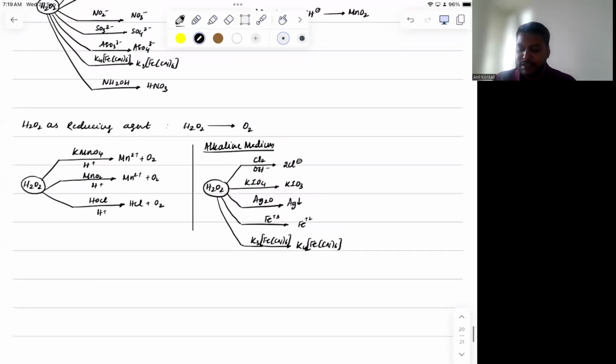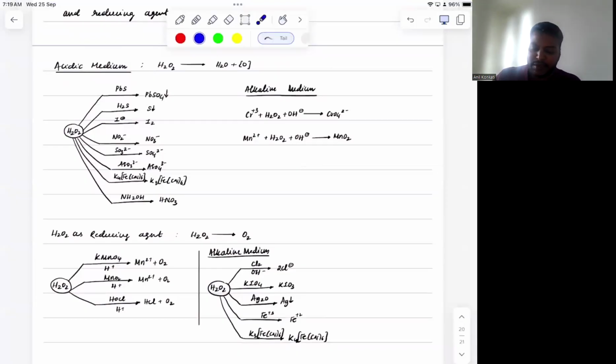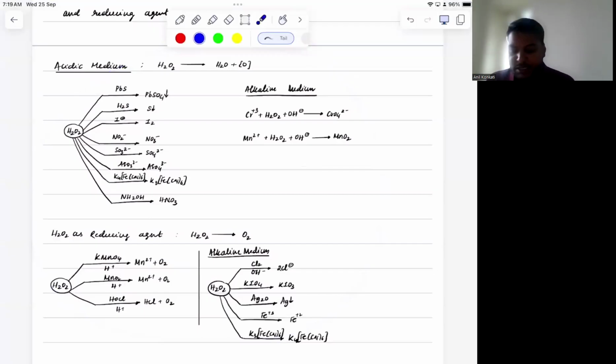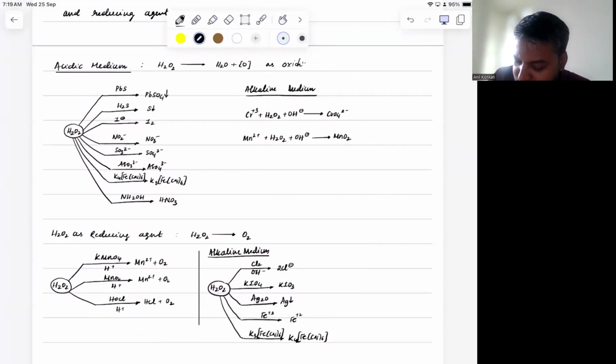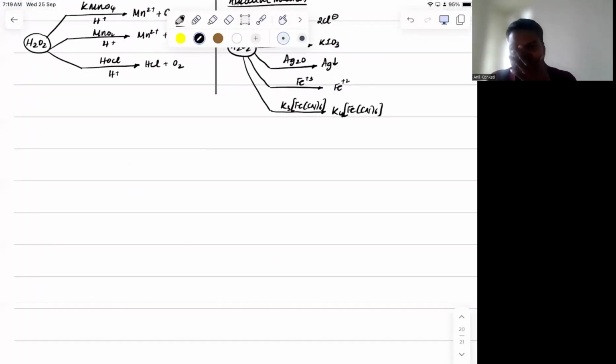So these are few cases you need to learn, like in what case what will happen. Okay, this is the important area from peroxide, right? As an oxidizing agent, as a reducing agent. Now, in short, two reactions which are always very confusing and that has been asked will be this one.